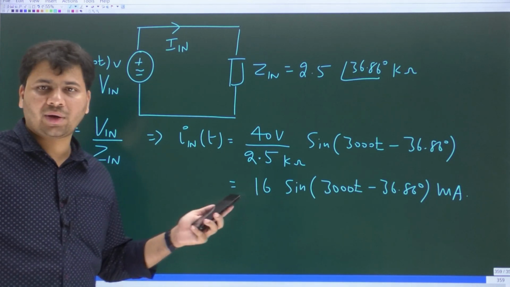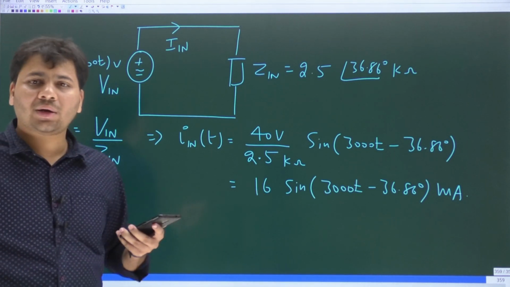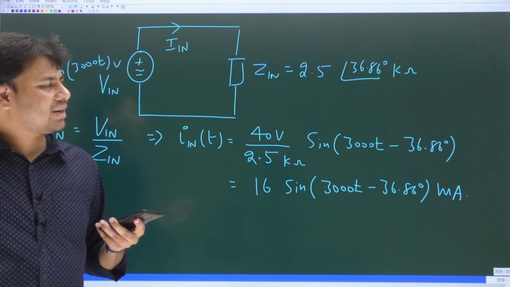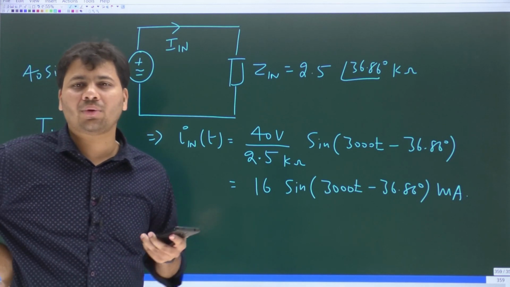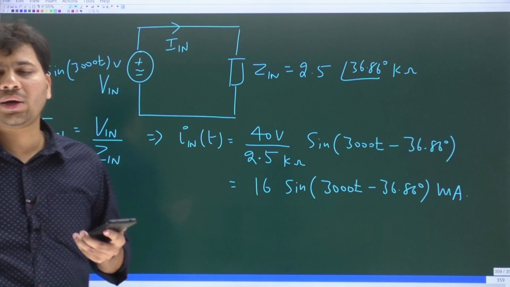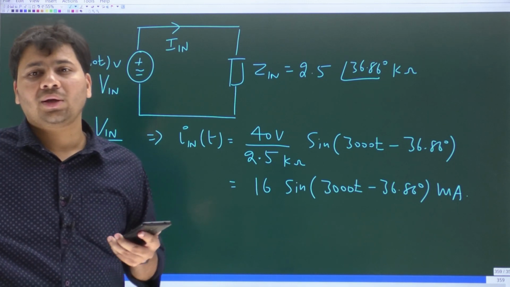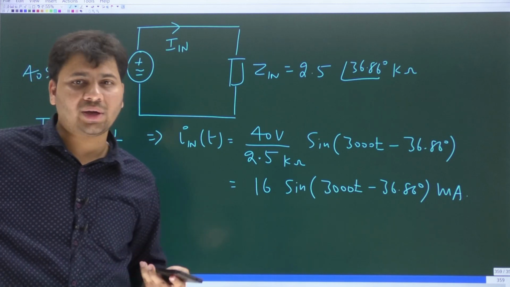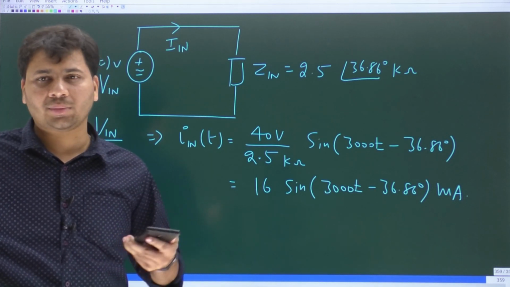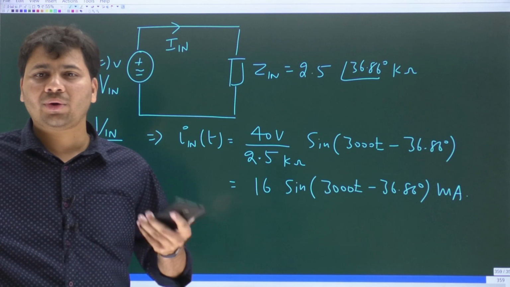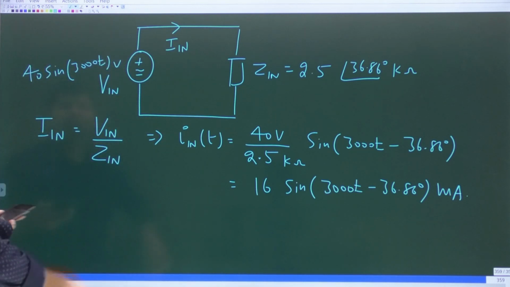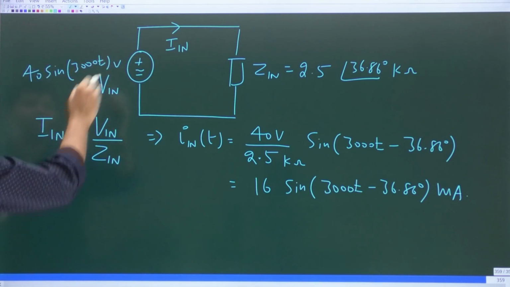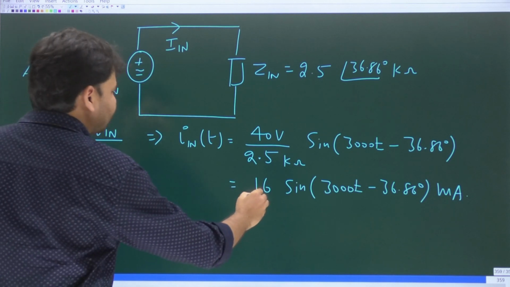What is the current? 16 sine. First of all, if you recall, I told you that if you want to directly take the difference between the two phases, both the quantities should be expressed in terms of sine or both in terms of cosine, and also the amplitude must be positive. Here the input voltage is 40 sine something, and the input current is 16 sine something.